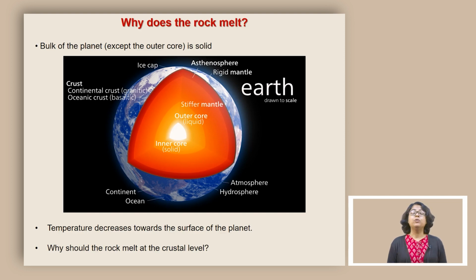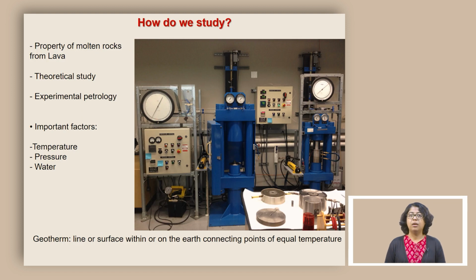The first approach was observation in nature. So, they looked at the properties of molten rocks from lava. There are places on Earth such as Hawaii where you do see molten rock on the surface, and you can study it. That gives you some understanding of how long it takes for that lava to solidify.